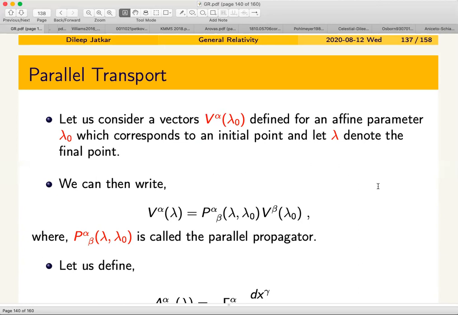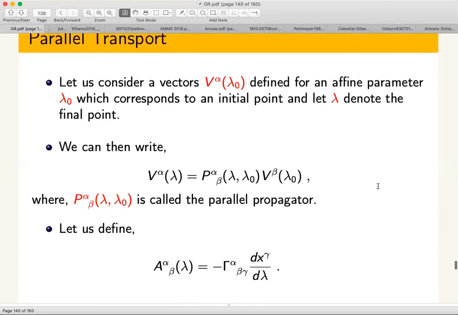Okay. So what we'll do is we'll introduce a new object called a parallel propagator, which is defined as P alpha beta lambda lambda 0, which has the following job: it picks up a vector defined at its second argument and drops it at its first argument.